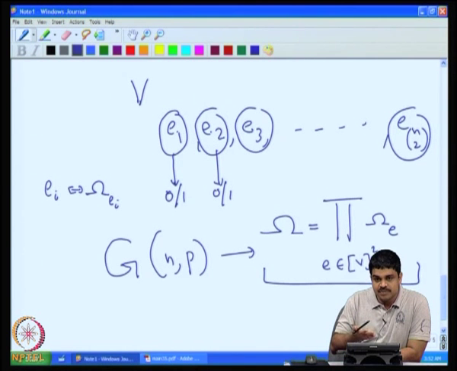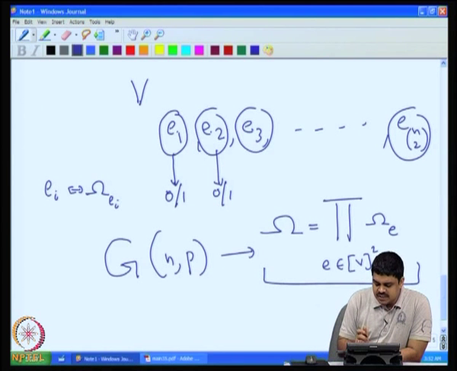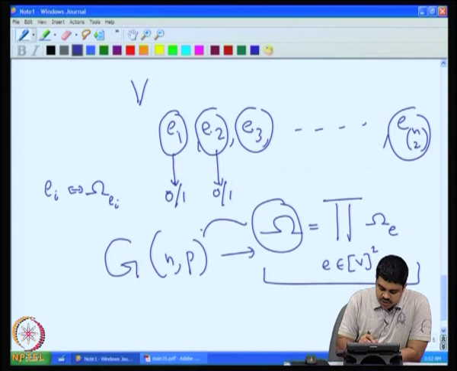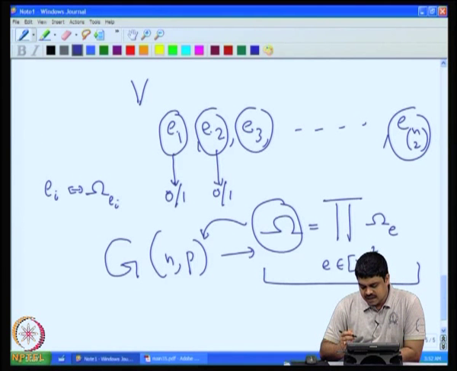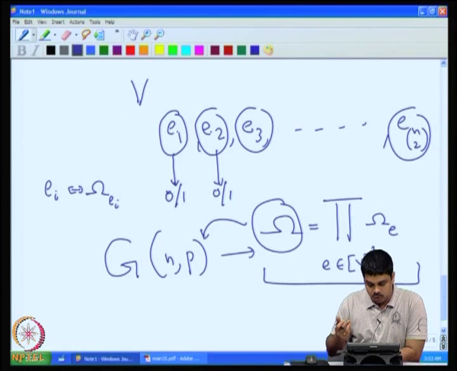So essentially we can interpret this string as a graph itself, with the edges corresponding to those with value 1. Therefore the sample space omega corresponding to GNP is essentially the strings corresponding to the set of n choose 2 possible edges, and each string can be interpreted as a graph depending on whether each edge is selected or not.